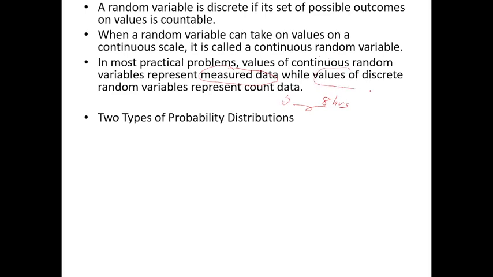So, yung mga values na yon represent measured data. While values of discrete random variables, okay, represent count data. Okay? So, yung mga value ng mga discrete random variables nagre-represent ng count data, di ba? Nabibilang lang na 1, 2, 3, 4, 5. Di ba? Ganun siya.